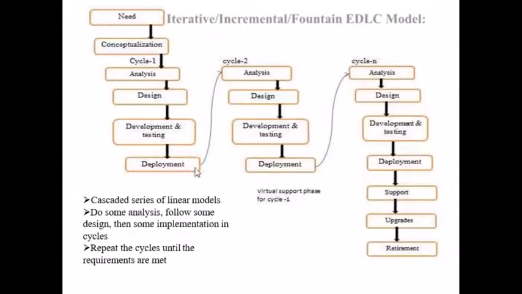Even if the user changes his or her needs, we can accommodate those needs in the next cycle. So the product development can be done in a cyclic manner by taking feedback from the users. Project management and testing are also simpler when compared to the linear or waterfall model.